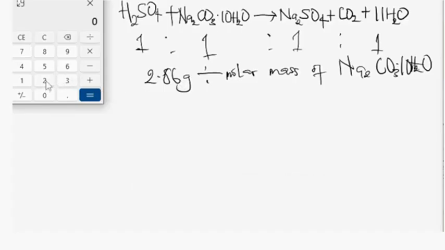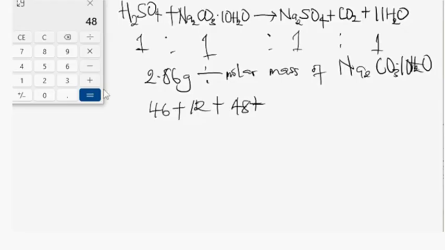Sodium is 23, and here it's times 2, so we have 23 times 2, and that's 46. So we write 46 here, plus carbon is 12, so let's write 12, plus oxygen is 16, but it's times 3 here, and that's 48, plus 10 H2O.